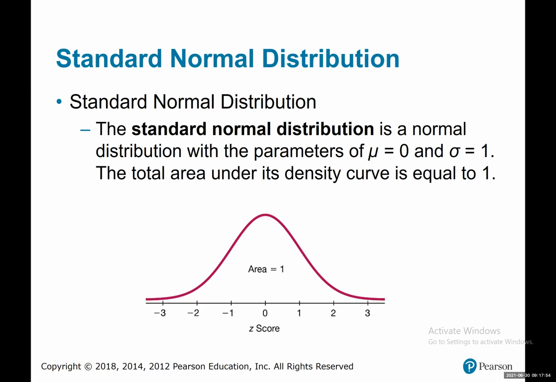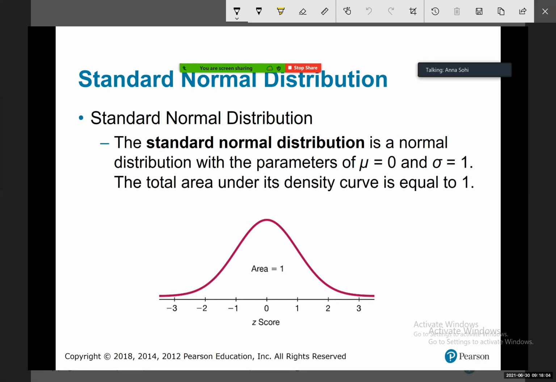And the area under this density curve is the same thing as probability. The total area under this density curve is 1.